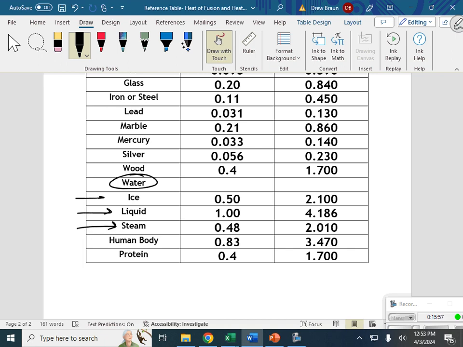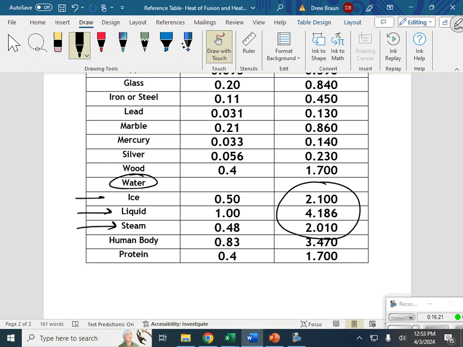So we're going to be using these values right here. Ladies and gentlemen, if you look at my chart, I have those values highlighted so I can find them very easily. These are specific heats. C is the specific heat.